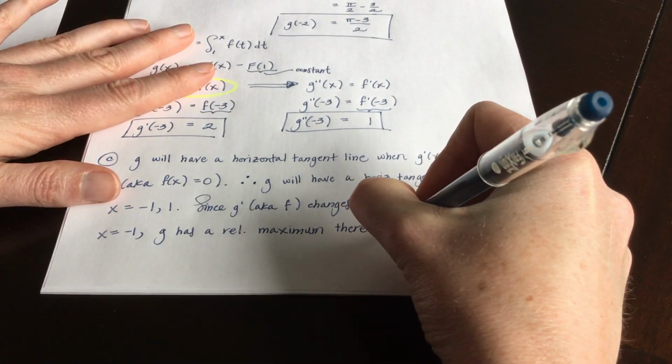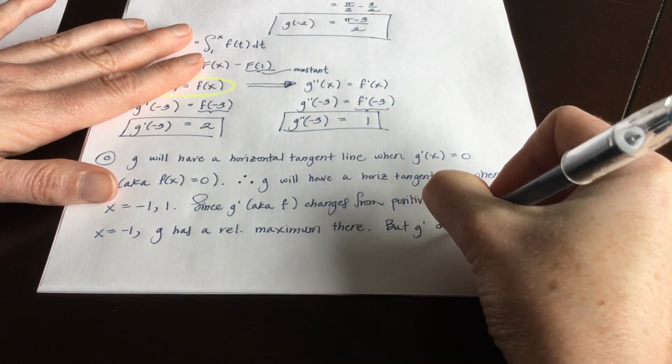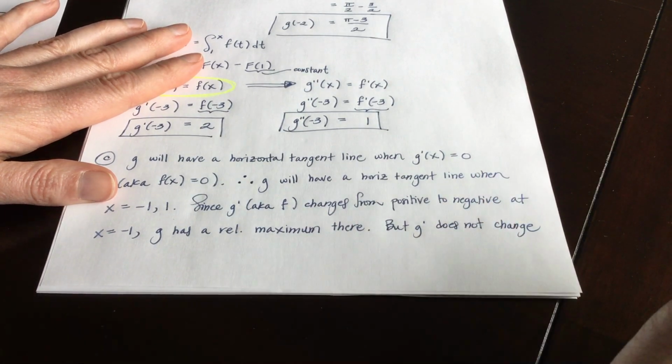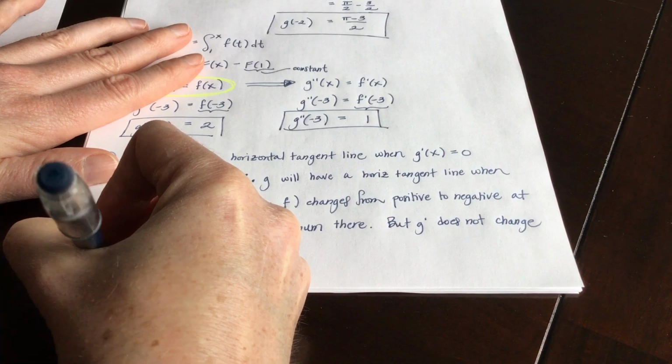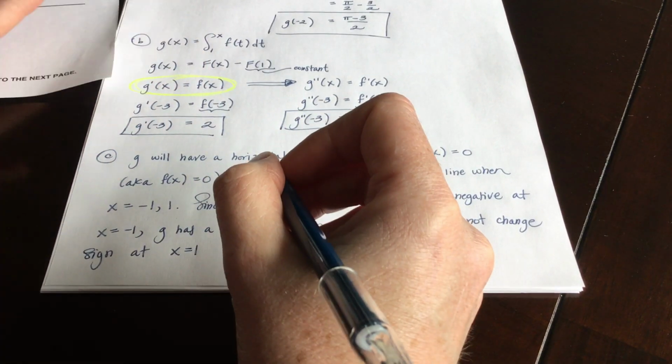So I'll just say, but G prime does not change sign at x equaling +1.